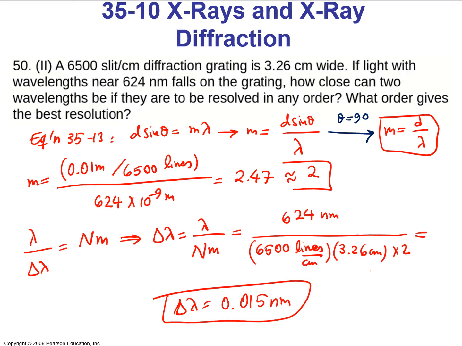So since the second order is more spread out than the first order, the resolution is the best for the second order. Also, the value of delta lambda is smaller for m equal 2 than m equal 1. Therefore, the resolution is the best for m equals 2, the second order.